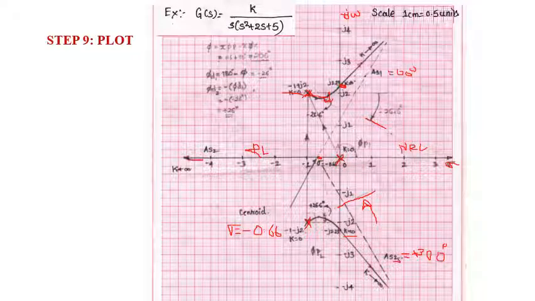Then from the point of our cross mark, draw a small trajectory following the angle of departure, and then deviate with a small line passing through this one. This has to be a freehand diagram. So you will get one angle of departure line like this, and again here also you follow the angle of departure trajectory, take a curve, and go on the right side, not on the left side, because the asymptote angle is towards this one.